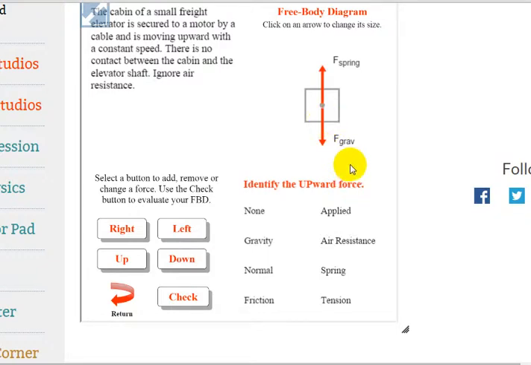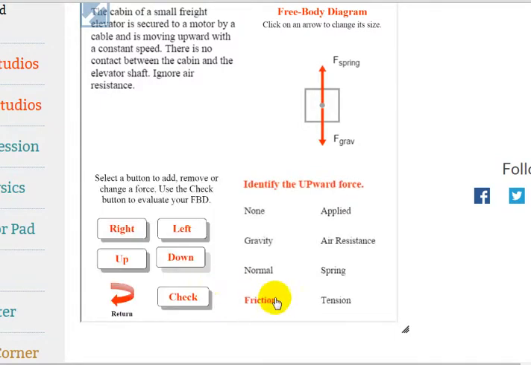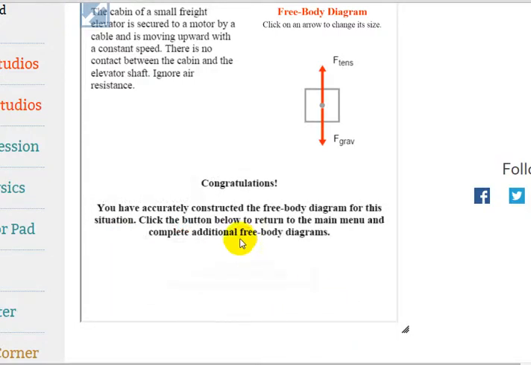So the downward force of gravity is balanced by the upward force of the spring, and it's moving at constant speed, therefore it's not speeding up or slowing down, therefore there's no unbalanced force on it. Oh, I guess maybe that could be tension instead of spring. Yes, so they used rope instead of spring.